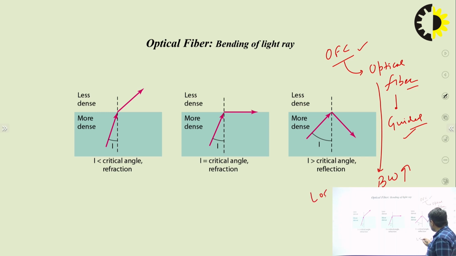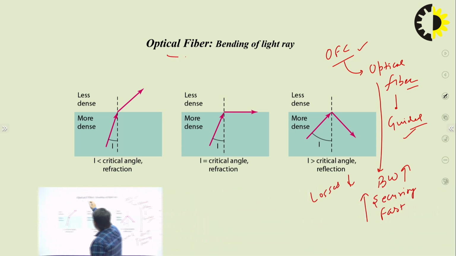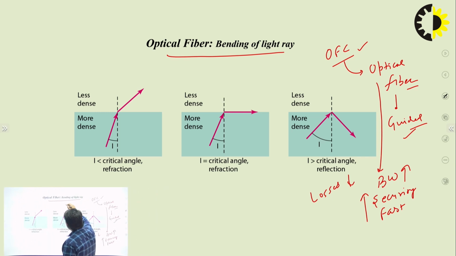Losses inside the optical fiber are very less as compared to any other media. And we know that optical fiber communication is basically based on the working principle known as TIR, that is total internal reflection.